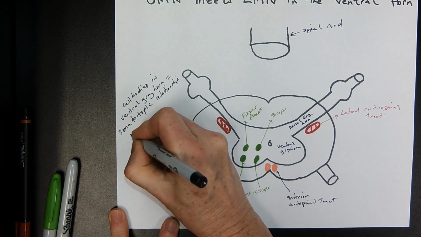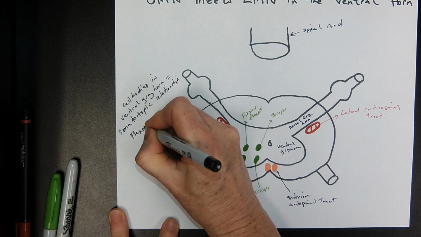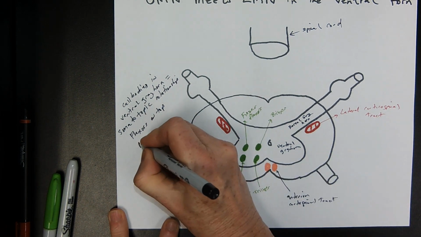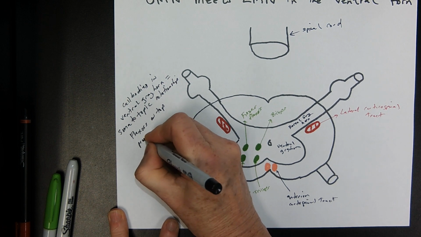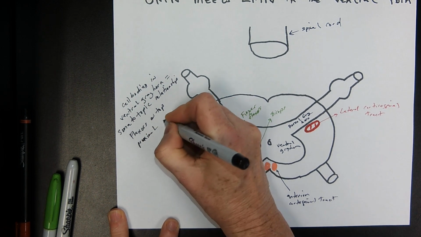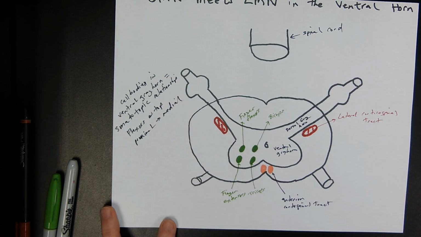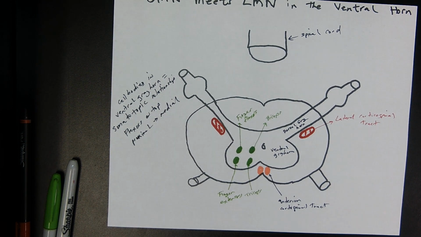So flexors on top and proximal is more medial. Okay, so all those neurons have a somatotopic relationship.